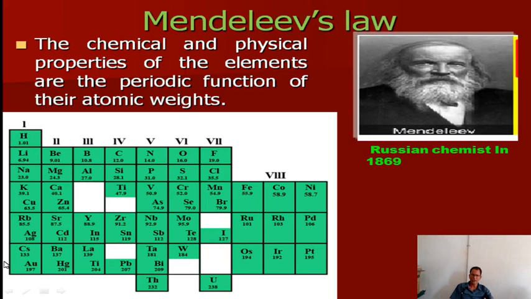So 7 horizontal rows called periods, and 8 vertical columns are called groups. So 1 to 8 vertical columns here, and 7 periods, left to right, that is periods, and top to bottom, that is groups.